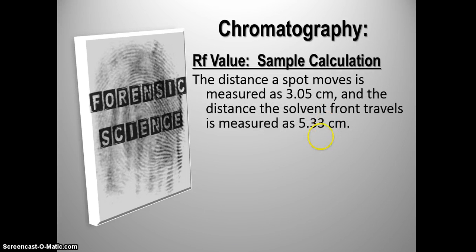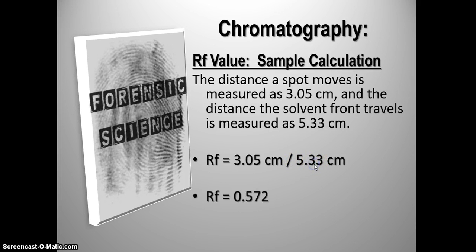So in this sample calculation, if a spot moves 3.05 centimeters and the solvent front travels 5.33 centimeters, the chemical distance is 3.05 and the solvent distance is 5.33.